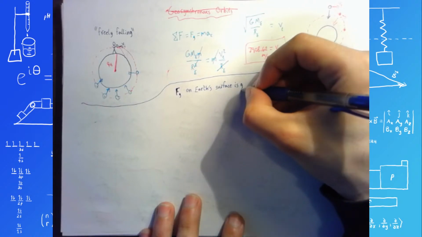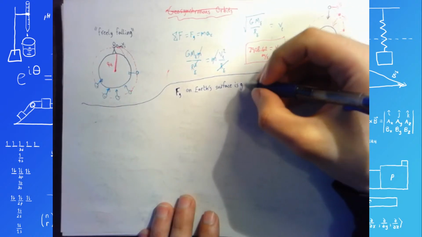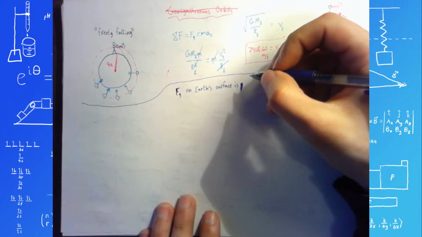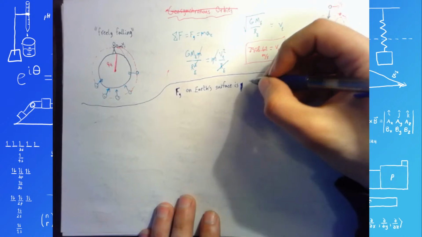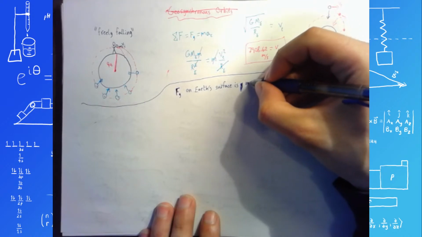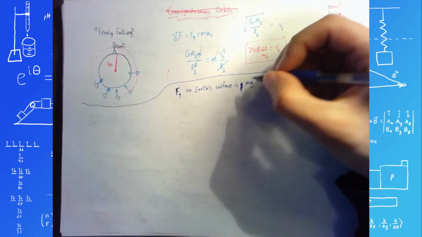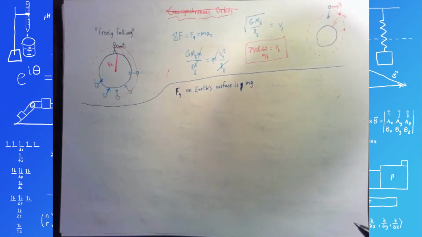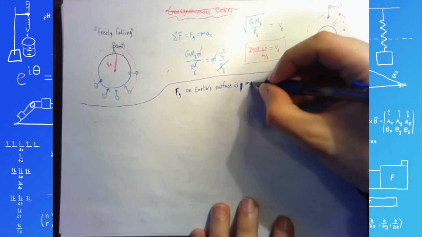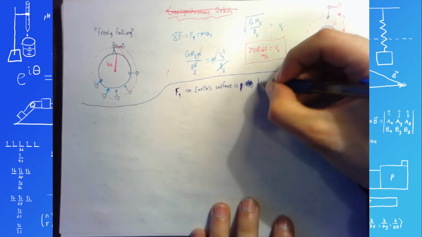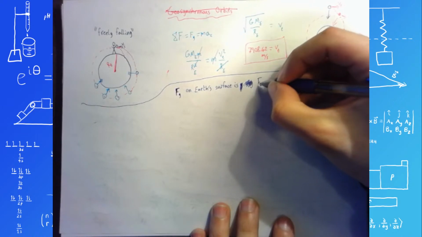The force of gravity on Earth's surface on an object is mg. Sometimes they'll just call it F0.